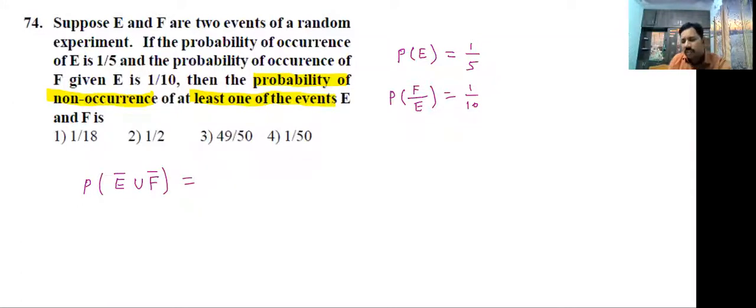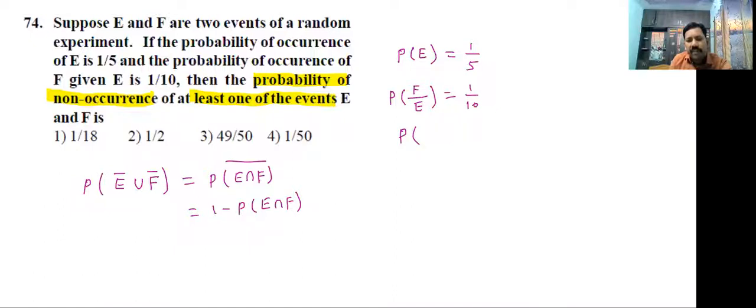This is how to write it, students. E complement union F complement means E intersection F whole complement. This is 1 minus P of E intersection F. But E intersection F is not given. By observing these formulae we can find it.